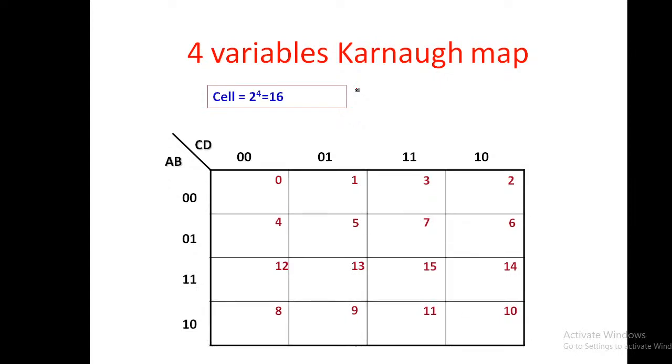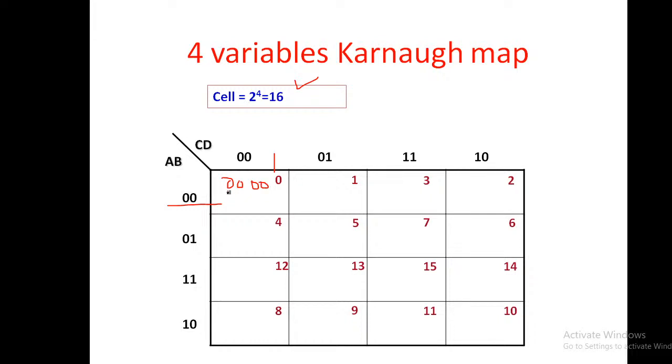Similarly, if you go for a 4 variable Kmap, you will be getting how many number of cells? 2 to the power 4, that is 16 number of cells will be there. And if you go for this, you read horizontally, then you read vertically. What are the 2 variables? Actually the value will be 0, 0 for AB and 0, 0 for CD also.